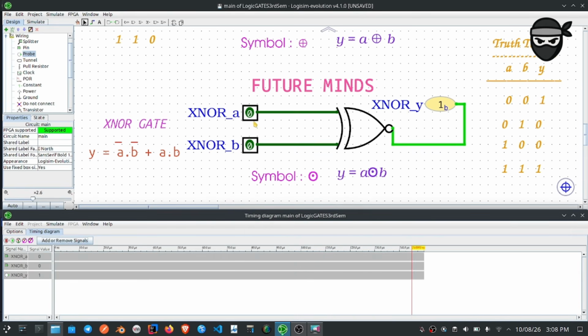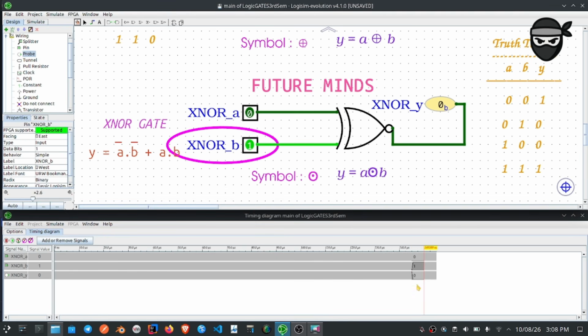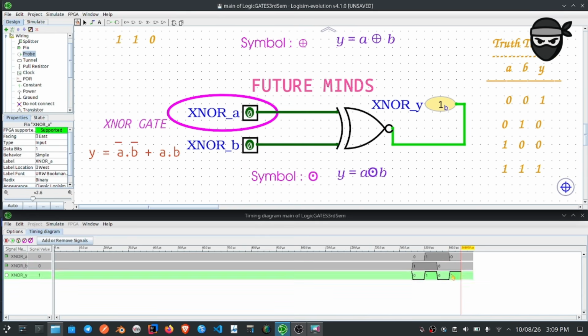So taking 0 and 1, we get 0. Again, when 1 and 1 at input, we get output as high. Again, when 1 and 0, we get 0, and 0 and 0 gives us a high voltage.